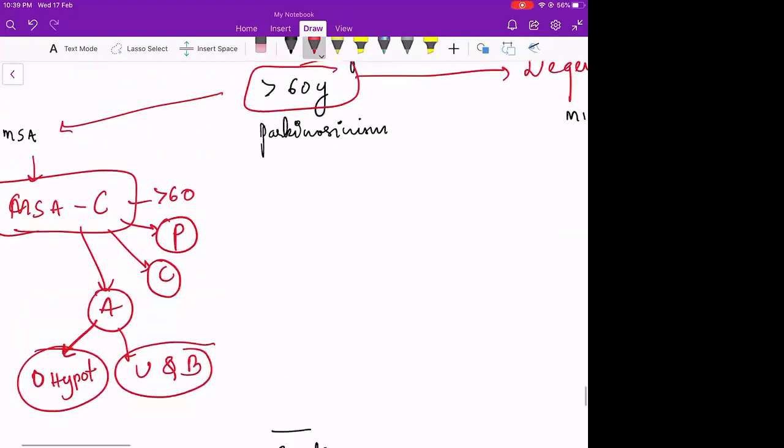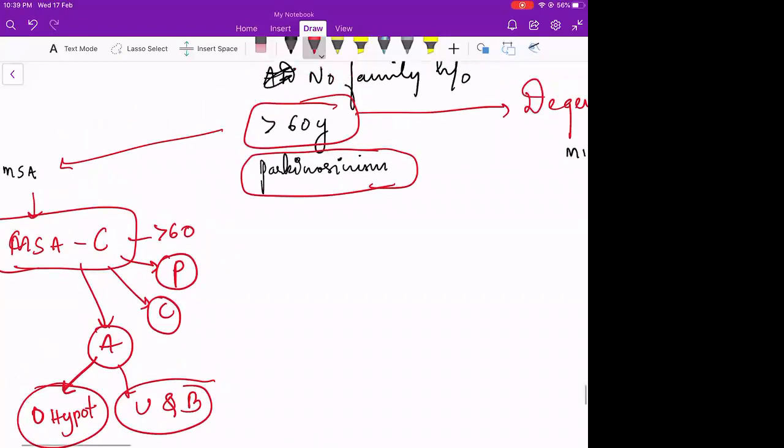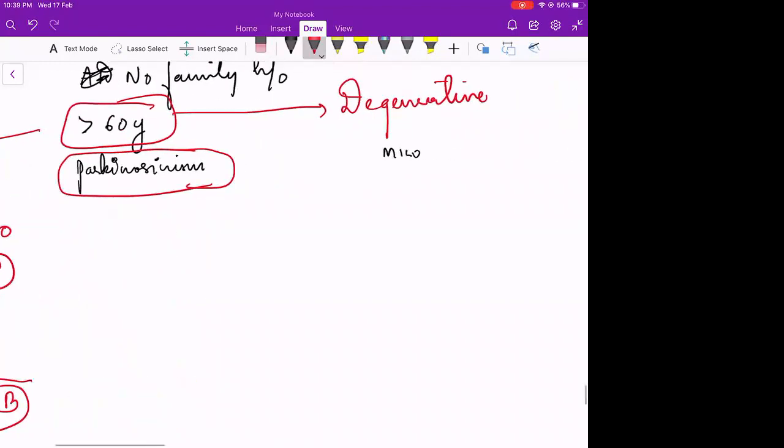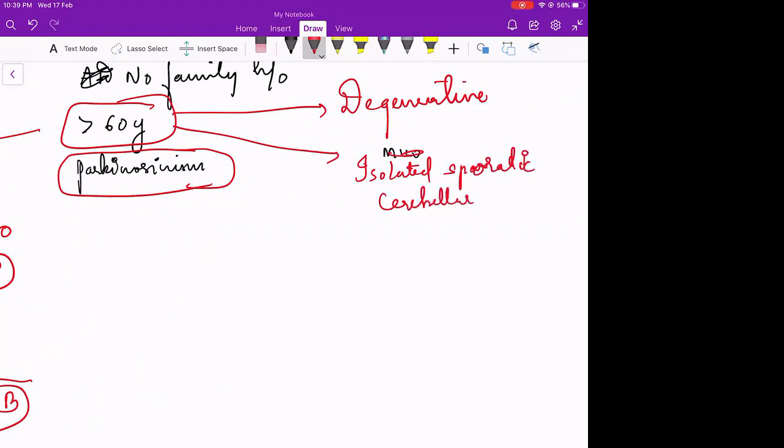Parkinsonism also has to be ruled out in a patient having ataxia symptoms with no family history, now presenting in old age. Another entity is isolated sporadic cerebellar ataxia, when all other causes have been ruled out. We can attribute this to this entity.